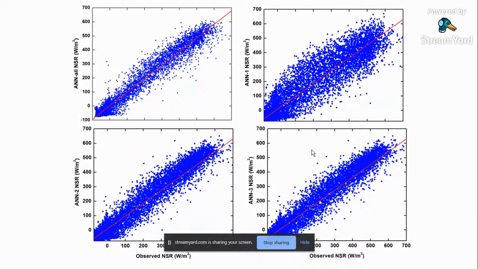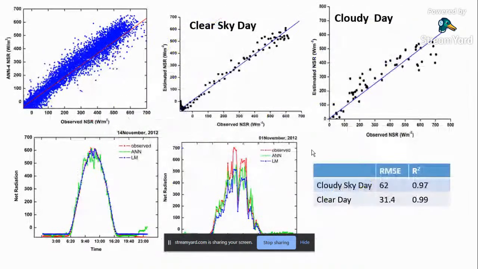I have also carried out a separate study on how the model captures clear sky days versus cloudy days. If you see here, the statistics show the model is able to capture better during clear sky days compared to cloudy sky days. The RMS error is reduced by half during clear sky days.